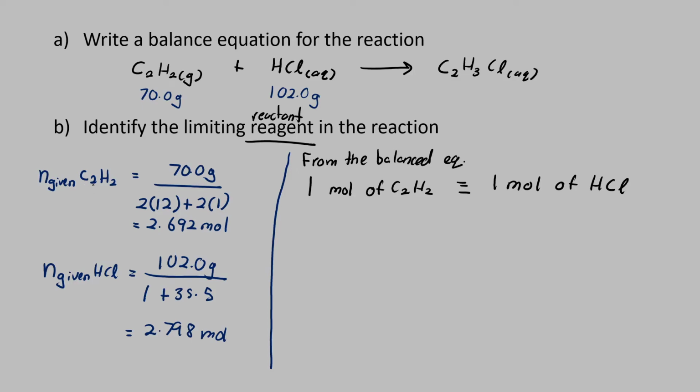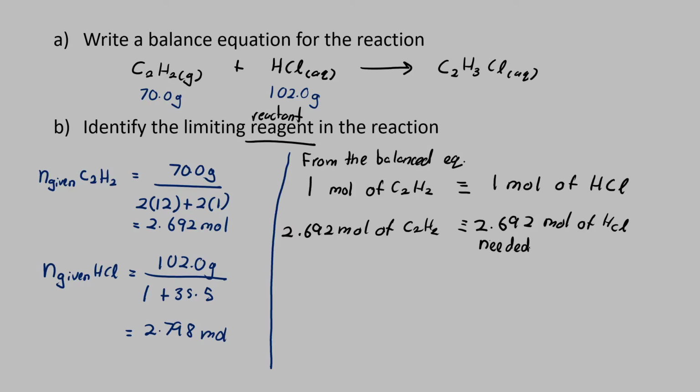So based on the given C2H2, which is 2.692 moles of C2H2, from the comparison of the theoretical data, you cross multiply, 1 divided by 1. So it should also need 2.692 moles of HCl.